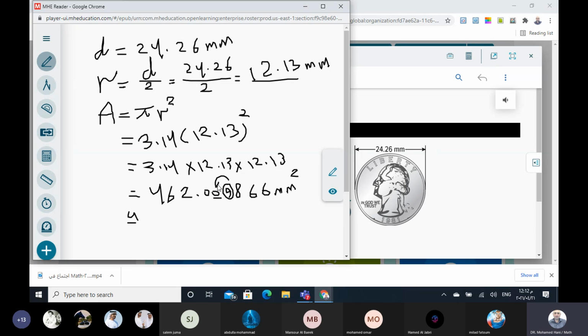So we can add 1 here, and change the remaining numbers to zeros, with no value to the zeros here. So here will be 1, and here 0, and here we have 0.264. So the answer will be 462.01 millimeters squared. Who has any question here?